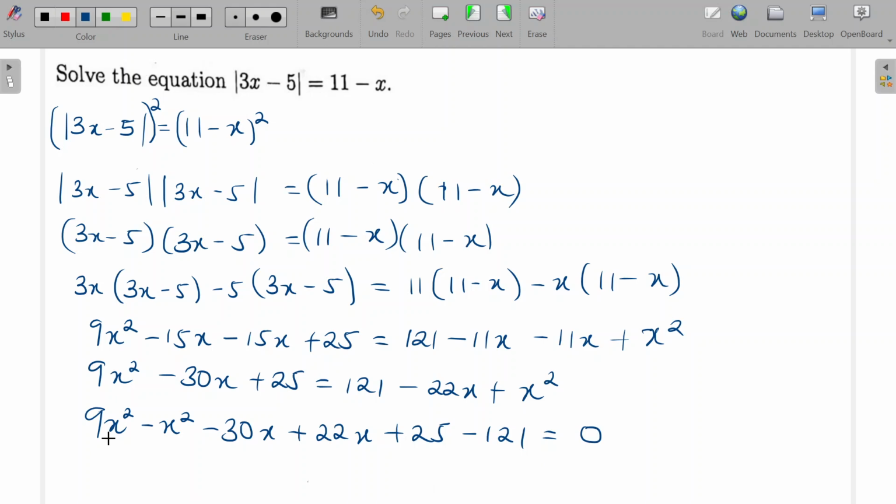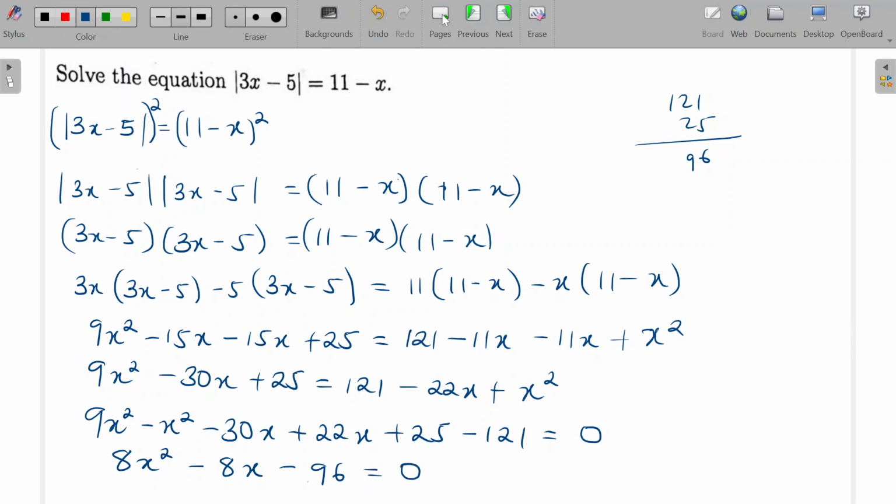As a result, you have 8x squared, then minus 8x, then 25 minus 121, which gives negative 96, is equal to 0.